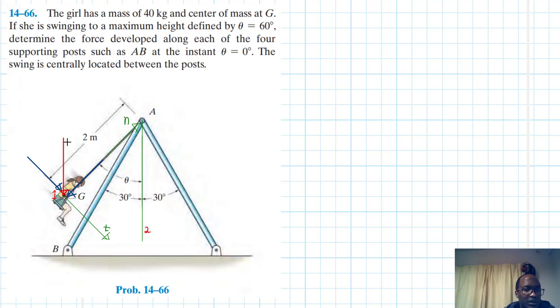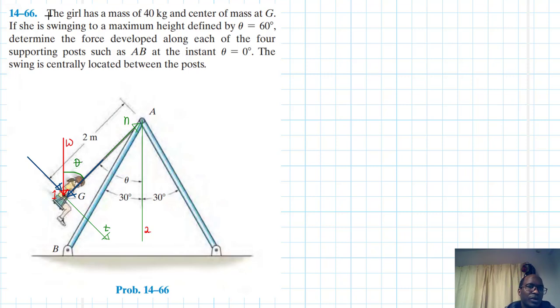Right, and this is our W. And we do have this angle here. This angle here is the same also here, right? You agree? This is our theta.